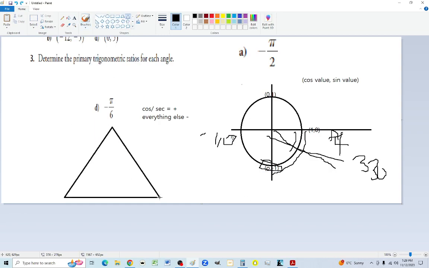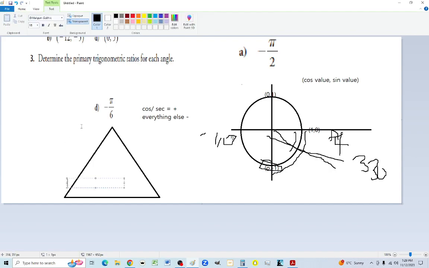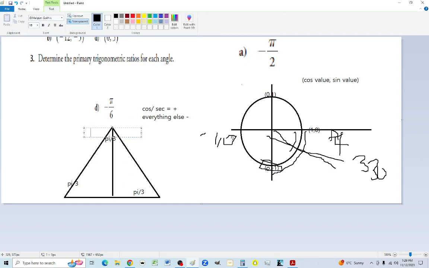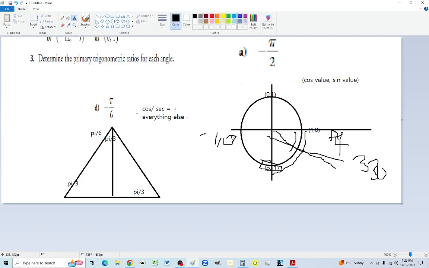Well, for 60, that's how we started with this. We had 60, or if you want, pi over 3 in each corner. And pi over 3. If you divide the top, it gets divided into pi over 6. That means we can just focus on the top and figure out the sides.